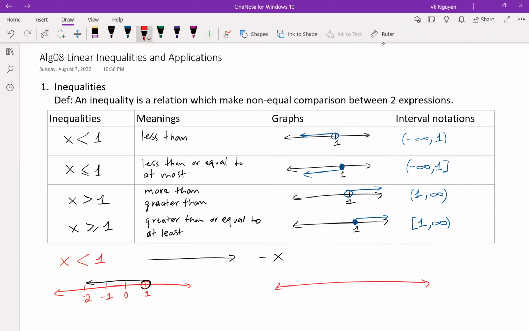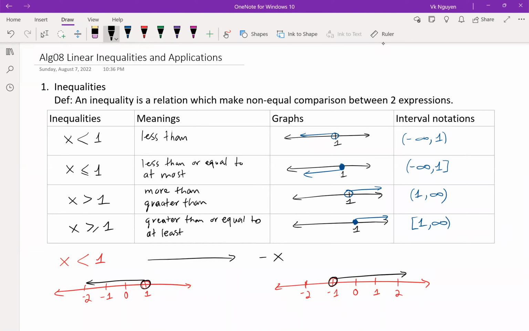We have 0, 1, -1, -2, 2. -x tells us that we have to negate the answer. Negative of 1 is -1. 0 is already there. Negative of negative 1 is 1, negative 2 is 2, meaning that we go from negative 1, including 0, 1, 2.